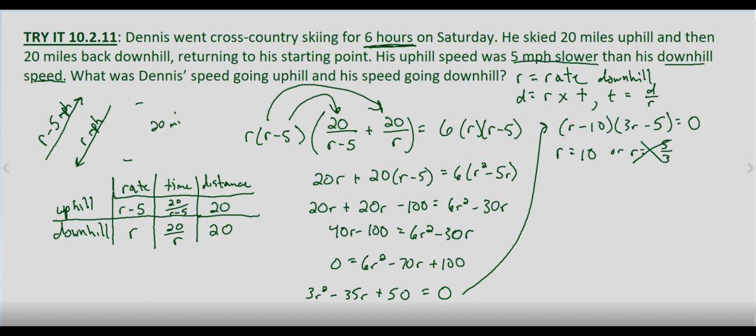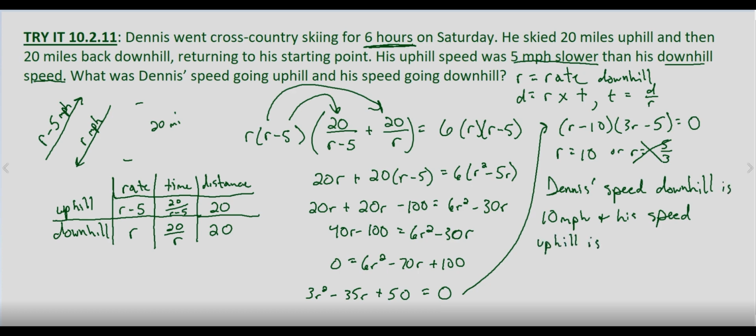So we are looking at now that Dennis's speed downhill is 10 miles per hour, and his speed uphill is 5 miles per hour slower than that, which is 5 miles per hour.